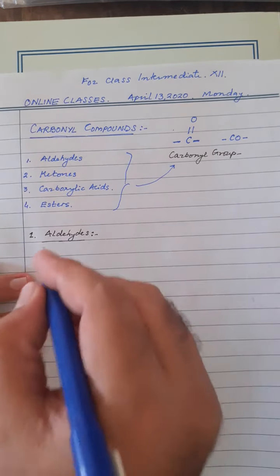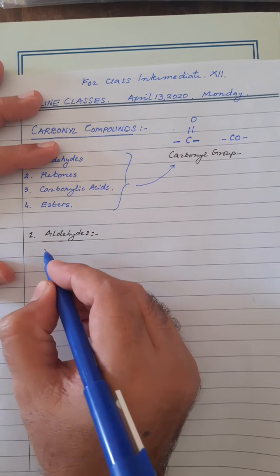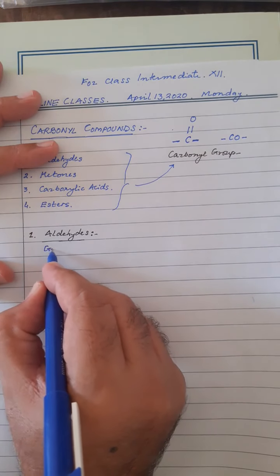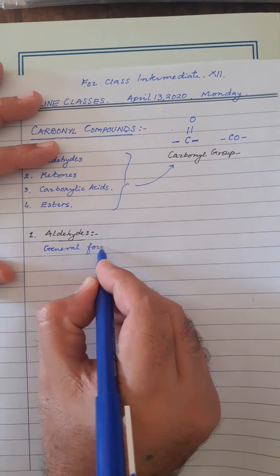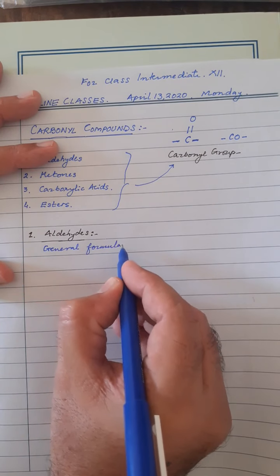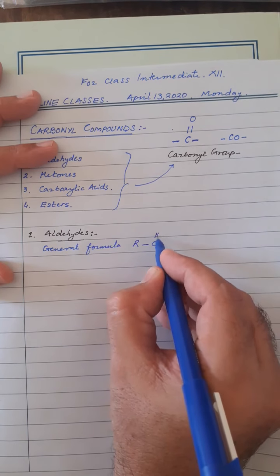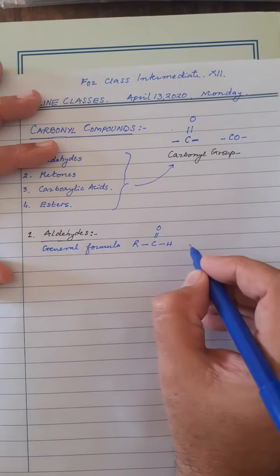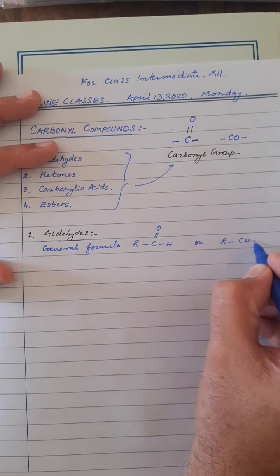So aldehydes are those organic compounds whose general formula is R-C double bond O-H, or you can say RCHO.